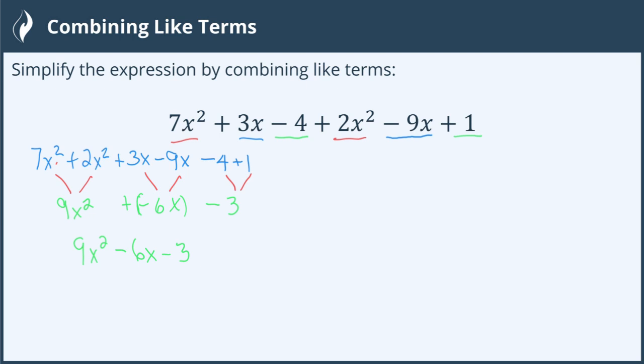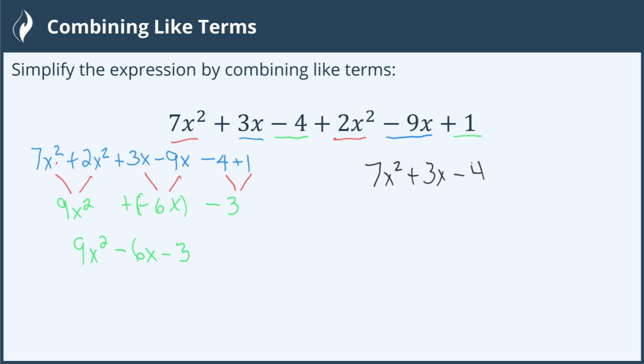Now let me show you another way I would have done this, because for some people, writing it straight across like this is hard to see. It's hard to see the differences between your terms. So another way of doing this would be like this. I would take my first 3 different terms: 7x squared plus 3x minus 4.